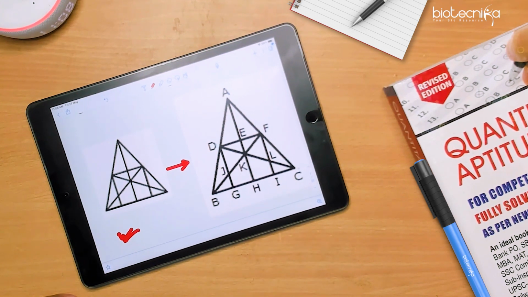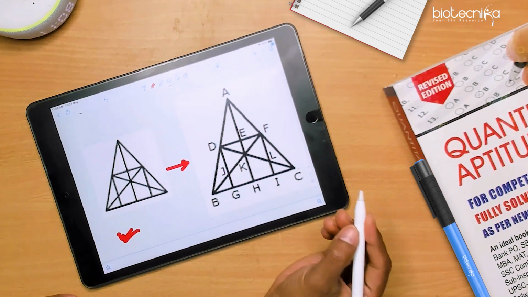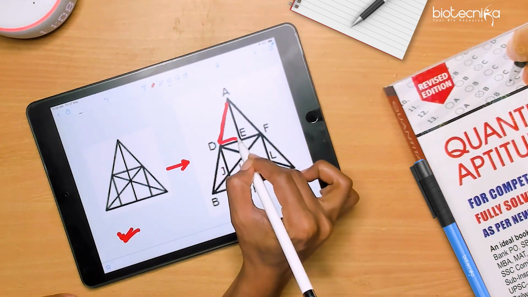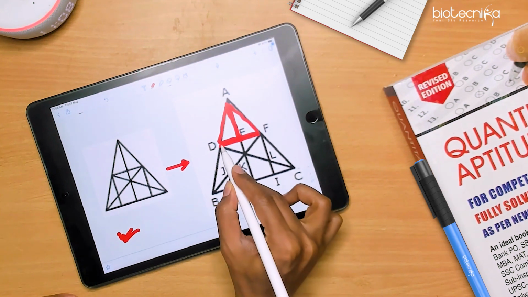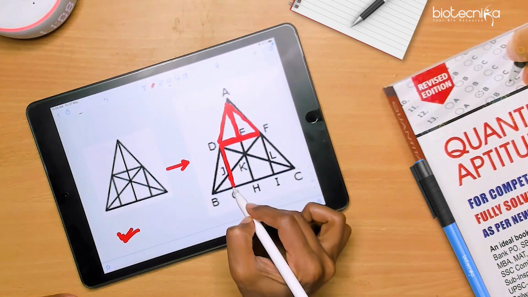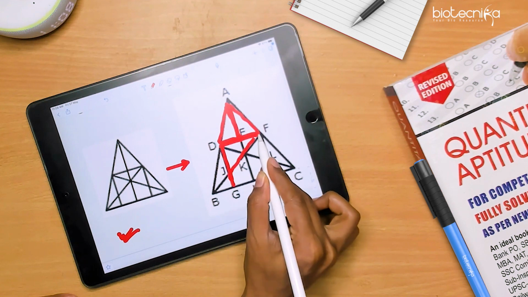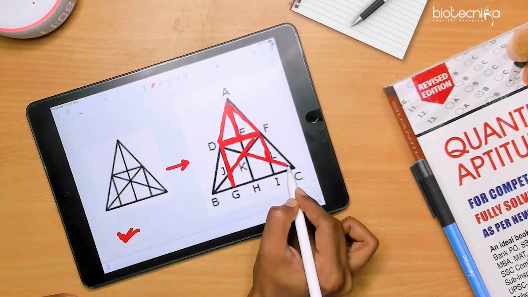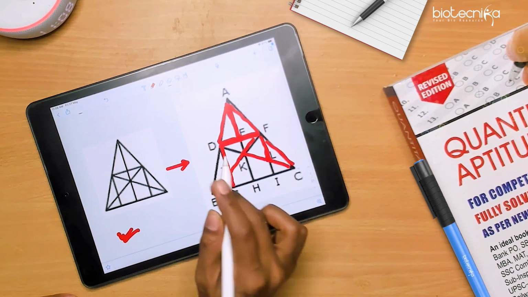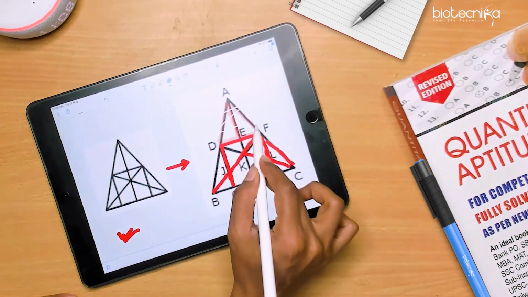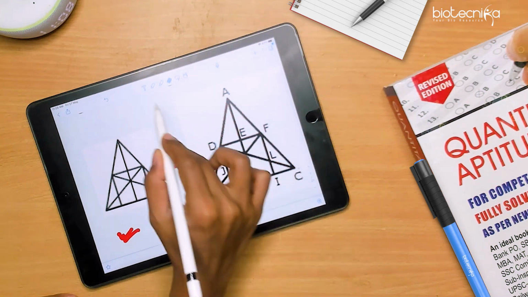So some triangles will be very easily identifiable, like ADE is there, AEF is there. Then you have this also as a triangle, this as a triangle, this as a triangle, this as a triangle, right? So whatever the internal triangles are, apart from that, you have to figure out the non-conventional ones.